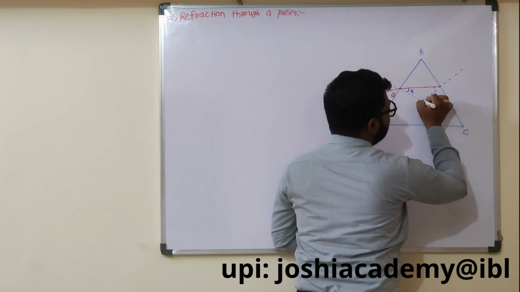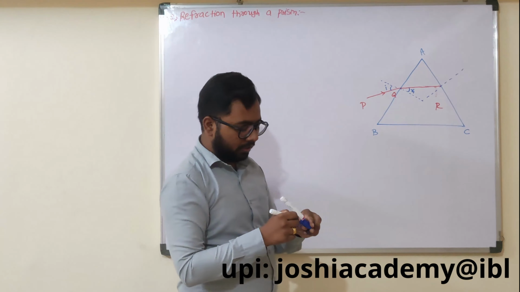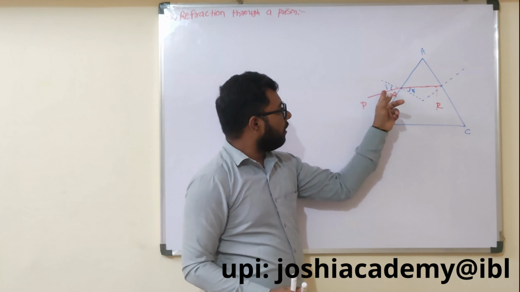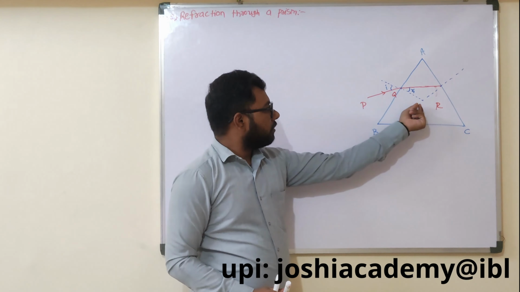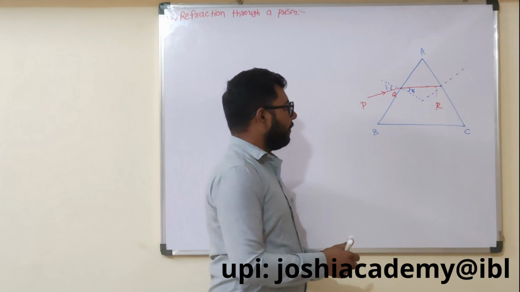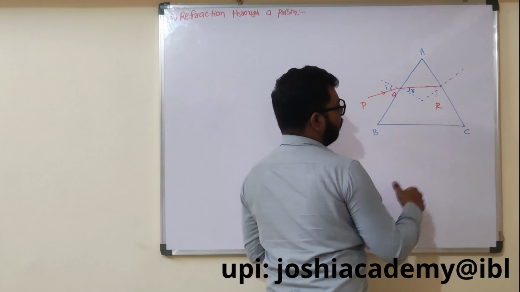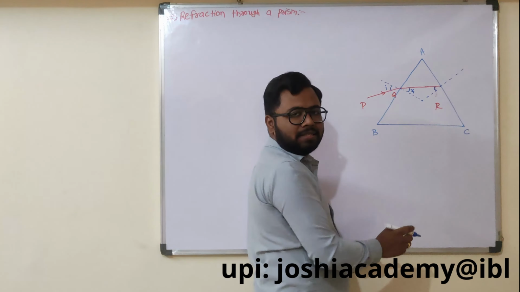So let us consider this as the normal, and we need to extend these normals, the normal of side AB and the normal of side AC, so that we can get the intersection point over here. Okay, so this is another normal, so this becomes another angle of incidence.